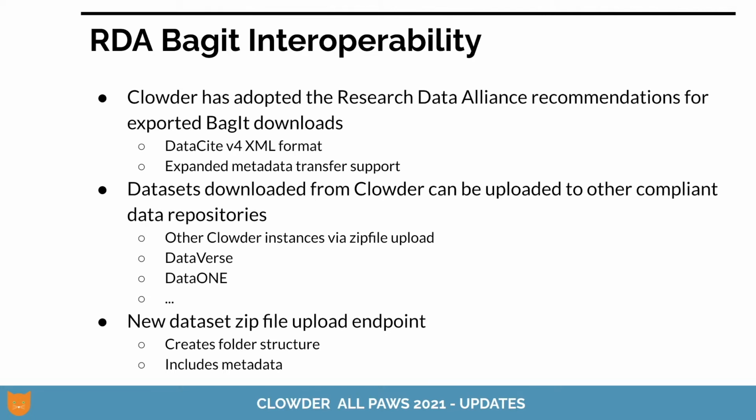There has been some work by RDA to improve those specifications, and we have added this extra information and support for DataCite version 4 XML format, expanded metadata transfer support. So we've done a bunch of enhancements that hopefully make our Bagit zip data set more compatible with other systems.